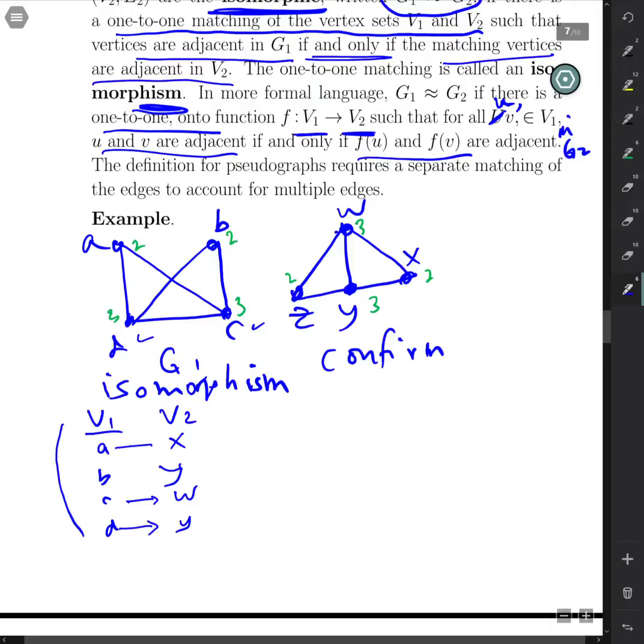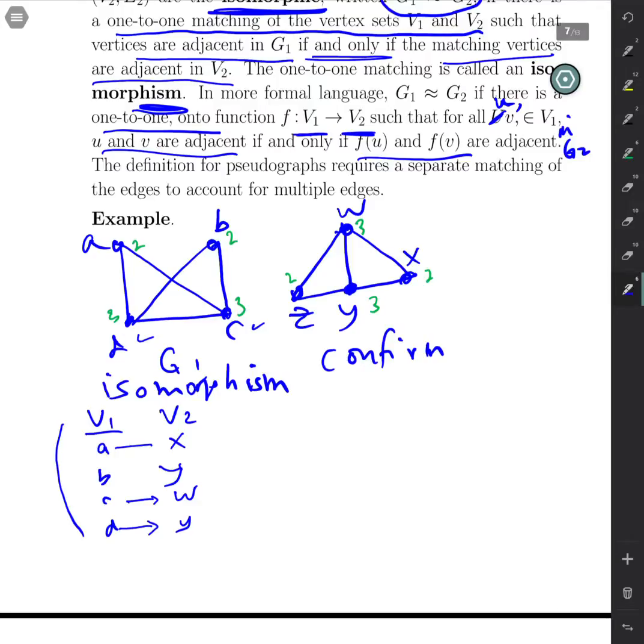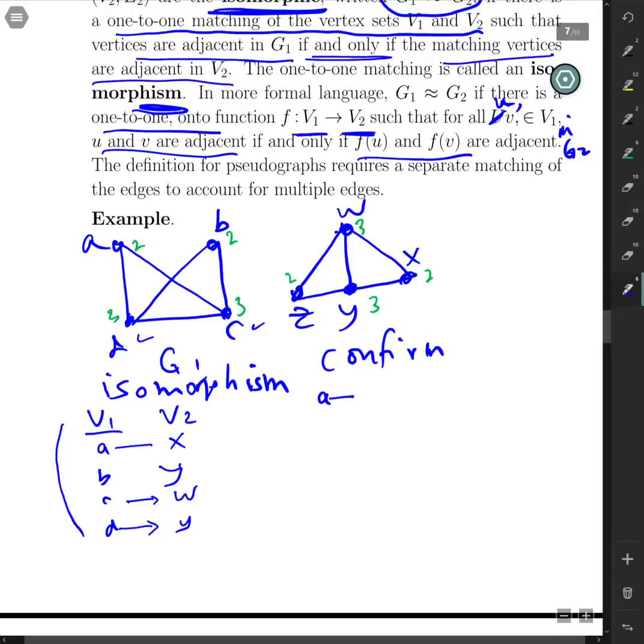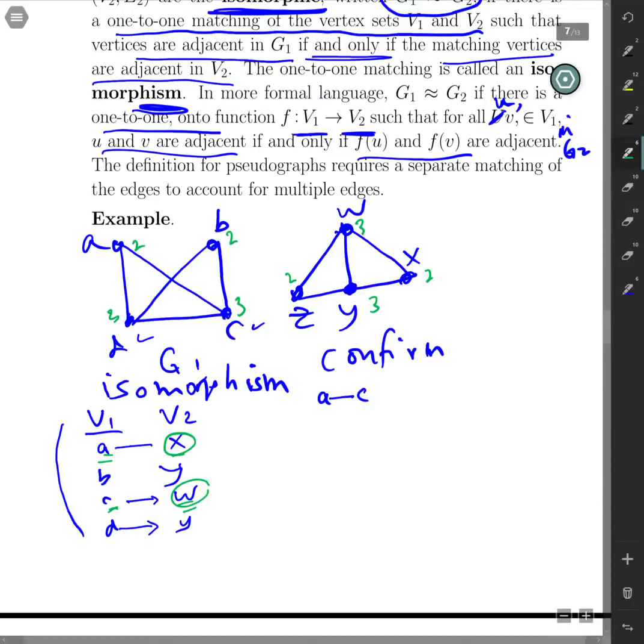So A is adjacent to C. I'm going to check all the adjacencies. Is it true then that X, which corresponds to A, is adjacent to W, which corresponds to C? So that would be X and W. Are X and W adjacent in this graph?